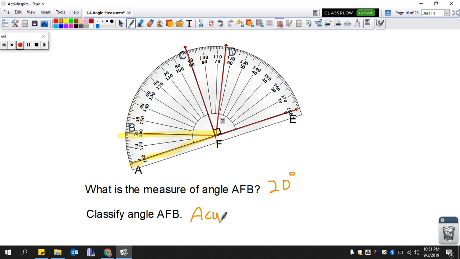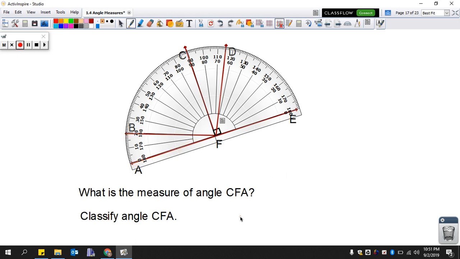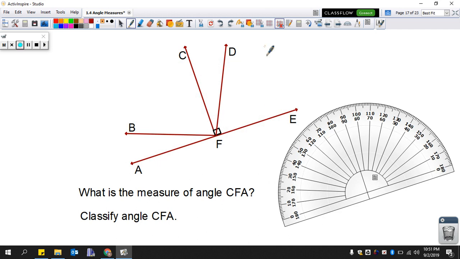And because it is less than 90 degrees. Okay? What's the measure of CFE? Well, CFE would be this angle right here, CFA, okay?